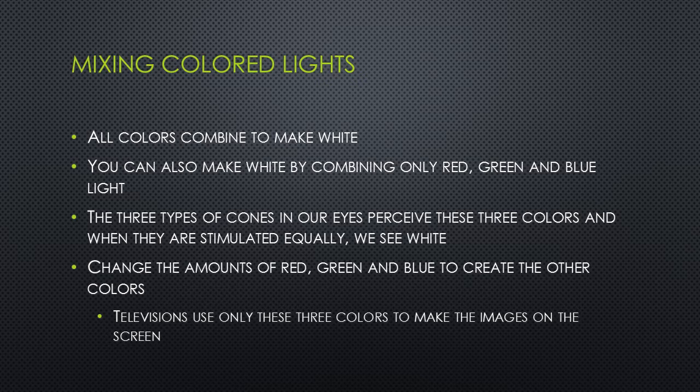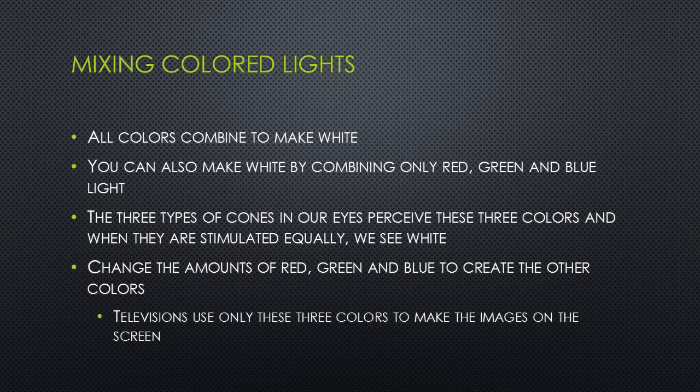Anything that uses light to make its color, like the monitor on your computer or on your phone or in the TV, things that emit color are going to use the primary additive colors, which are red, blue, and green. Now, you've probably been taught that the primary colors are red, blue, and yellow, and that is not true for light.